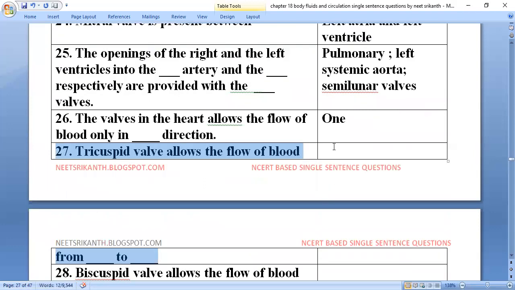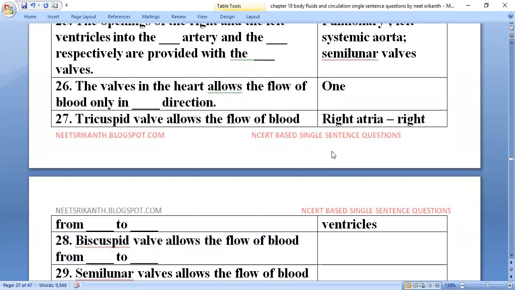Tricuspid valve allows the flow of blood from right atrium to right ventricle. Bicuspid valve allows the flow of blood from left atrium to left ventricle.